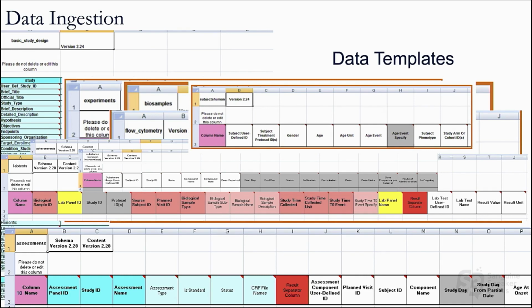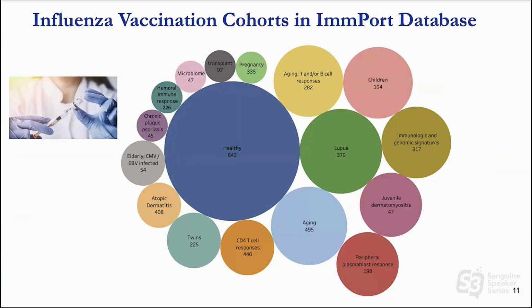As you can see, the ones in gray are optional, but they are required columns. Through these data templates, they submit the data to ImmPort. In the interest of time, I just wanted to give you an idea about how the data gets ingested into ImmPort.